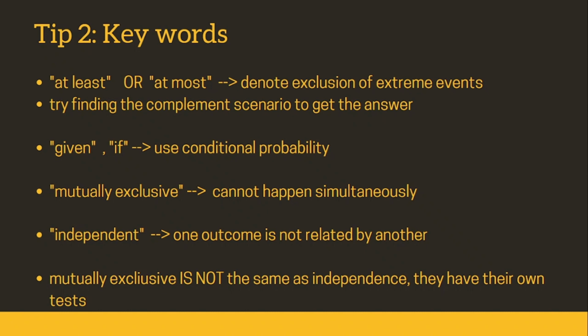In the case of given and if, you can use conditional probability. In the case of mutually exclusive, that means that two events cannot happen simultaneously. And in the case of independence, it just means that one outcome is not related to another. It's very important that you know that mutually exclusive is not the same as independence, as they have their own test and their own meaning.